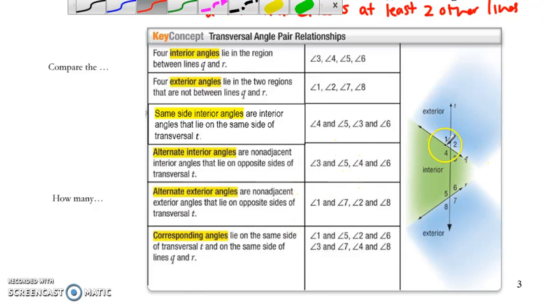So that would be like angles 1 and 5, because if you look at these 4 angles, this one's in the upper left, this would be a pair, upper right. Those would be corresponding. So kind of in the same position. Okay, so maybe if you want to put same position, if that helps you kind of remember those.